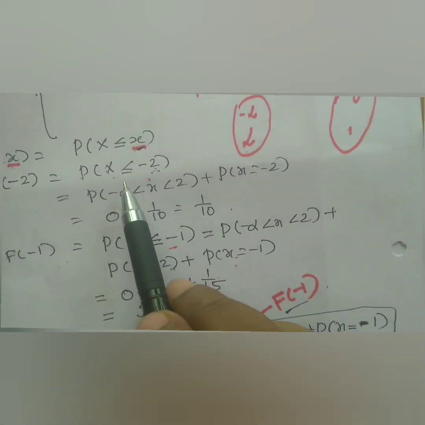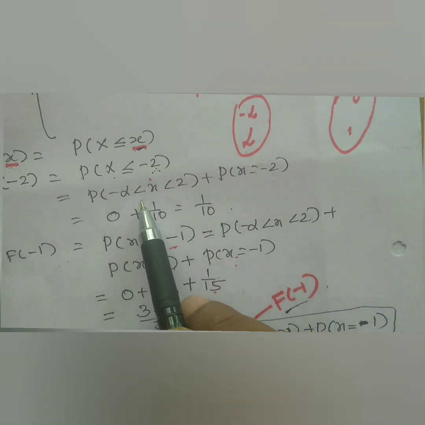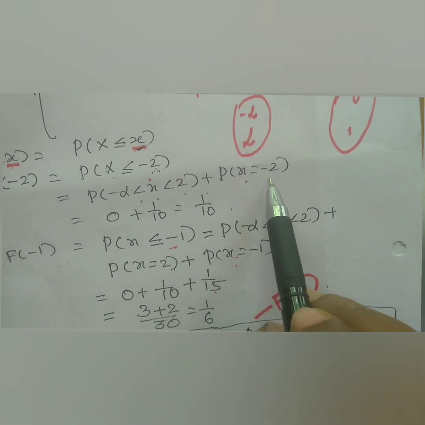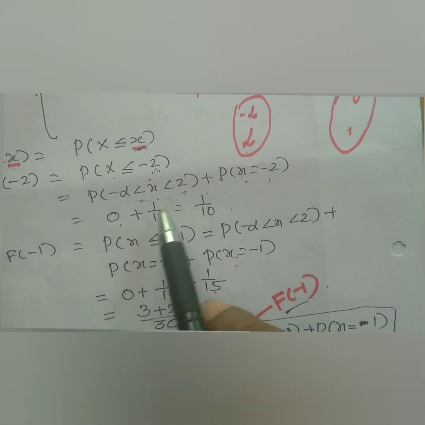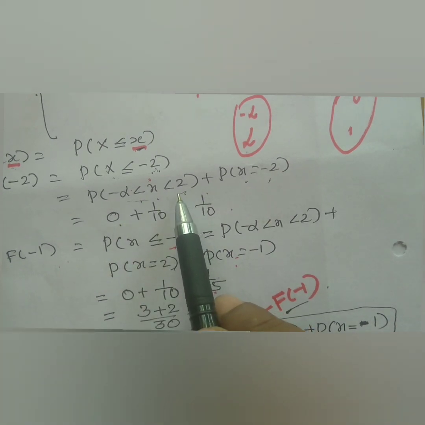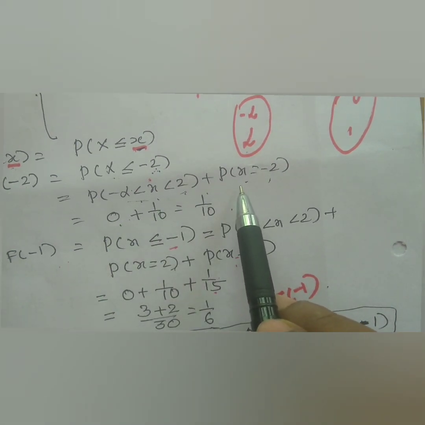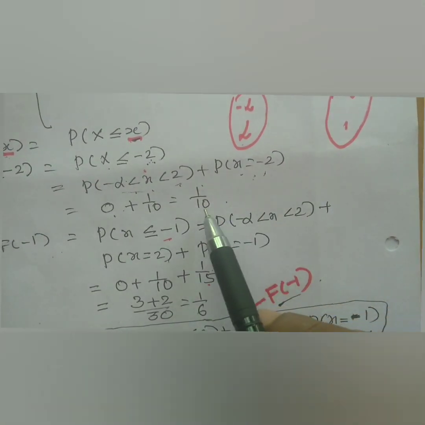That can be split into two terms. That is, probability of minus infinity less than x less than minus 2 plus probability of x is equal to minus 2. Now this value is equal to 0 because all the values are other than the given x values. So that is equal to 0. And from the given table, probability of x is equal to minus 2 is equal to 1 by 10.